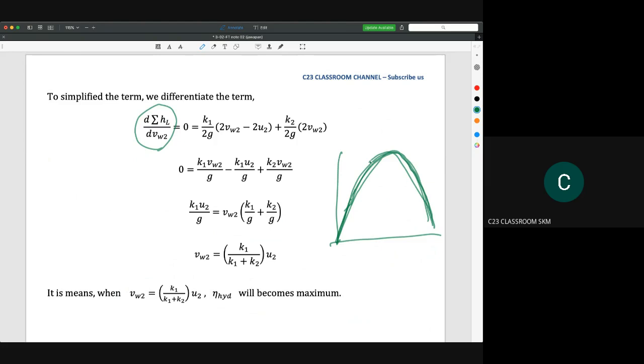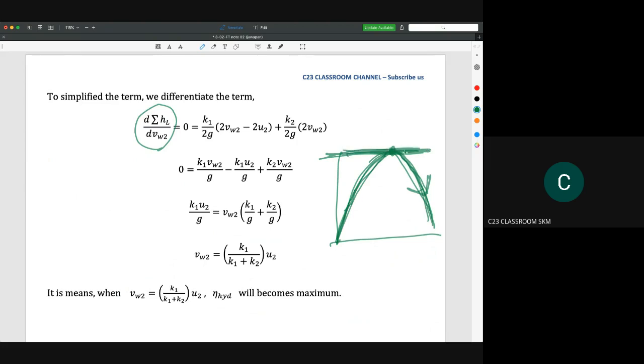Because as you know, in my lecture on centrifugal pumps, when we increase the flow rate, the head does not rise linearly. It has a maximum point before it goes down like this one. If we differentiate it, we take the maximum one at this level, because if you read the question carefully, we are aiming to get the maximum value of efficiency.